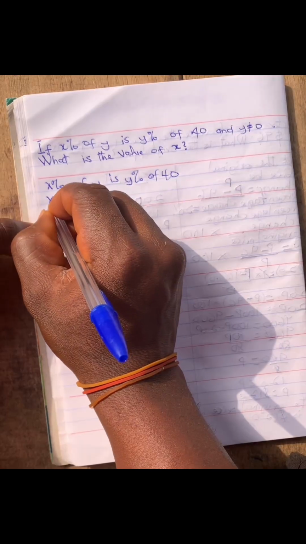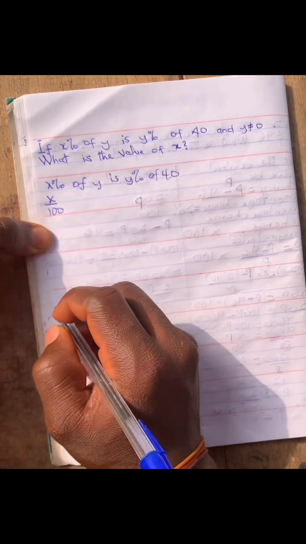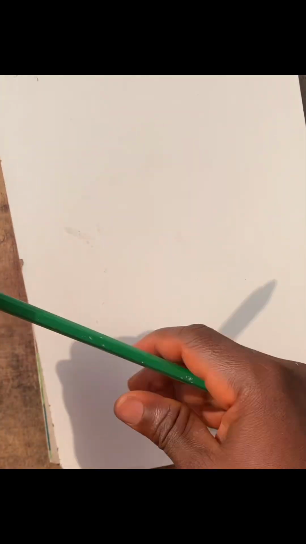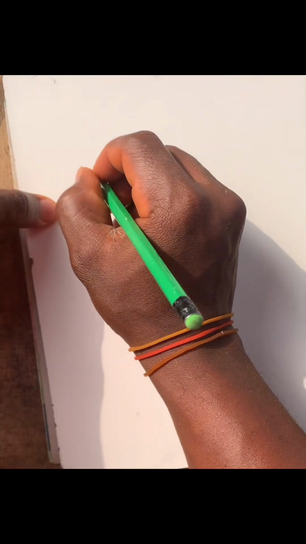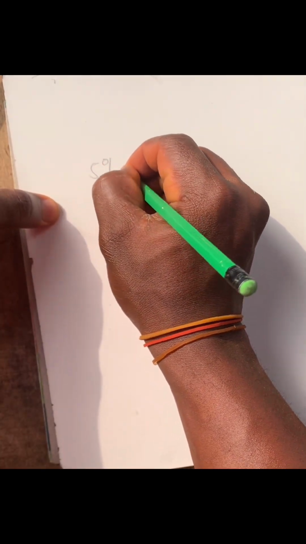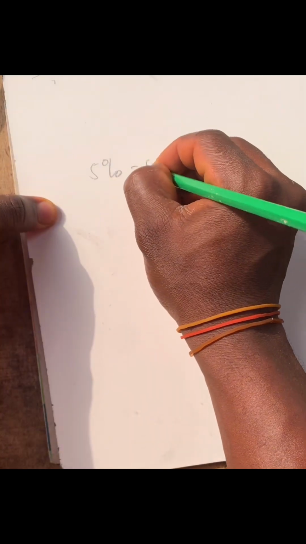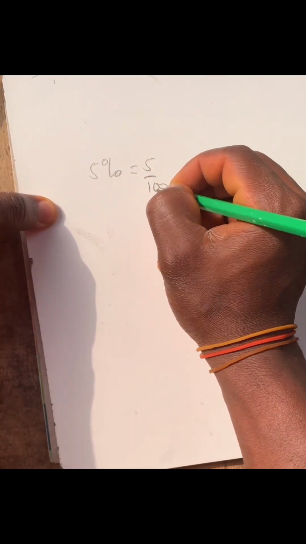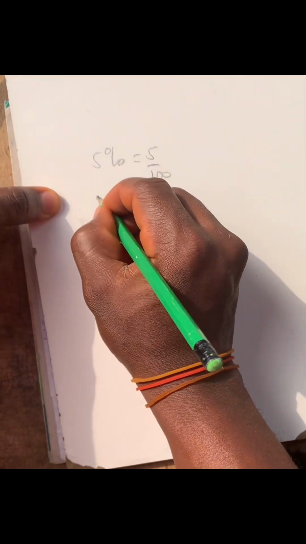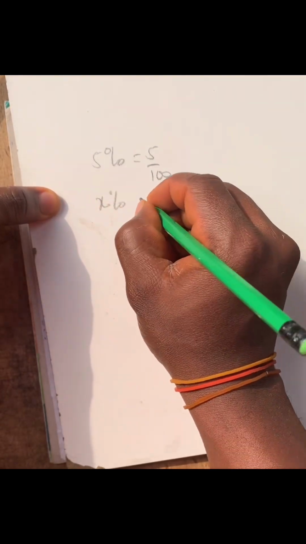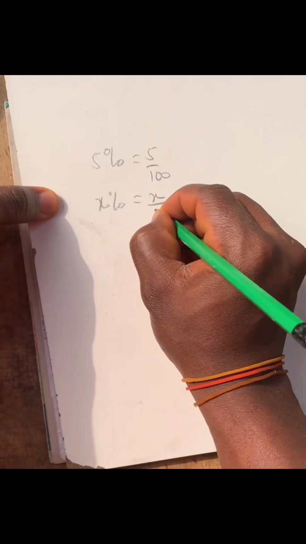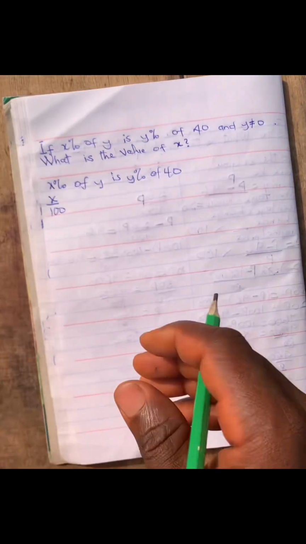X percent means x out of 100, more or less like 5% is equal to 5 out of 100. So when we have x percent, we have x out of 100. So you get it.